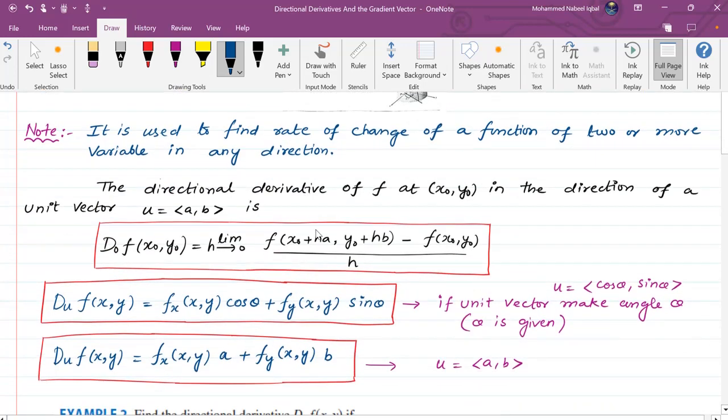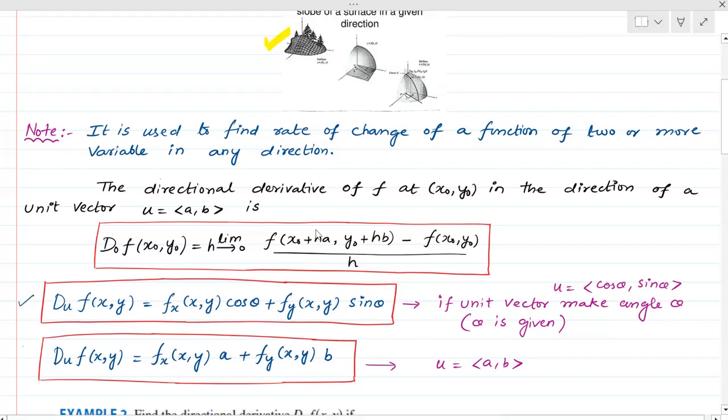This is a derivative formula we have, but we will use this one as the main formula. Here, if the unit vector is given in terms of an angle, the unit vector is given by u equals cosine theta comma sine theta.